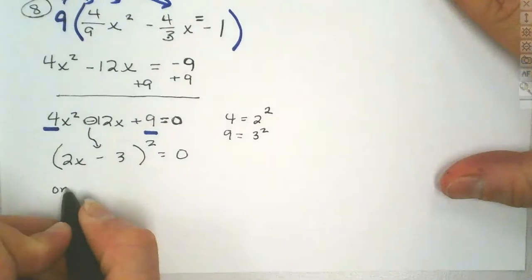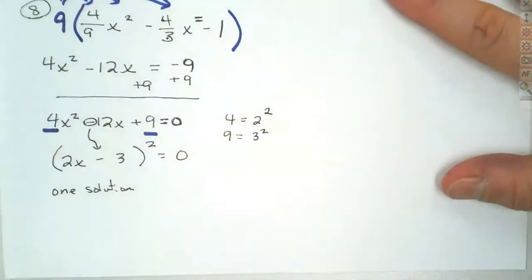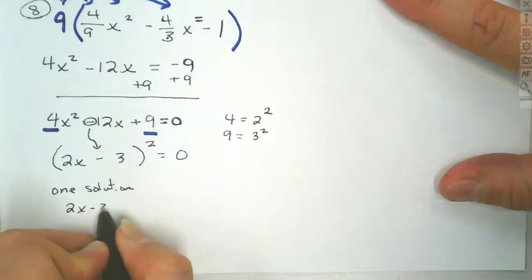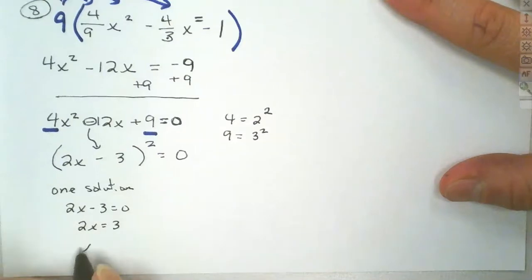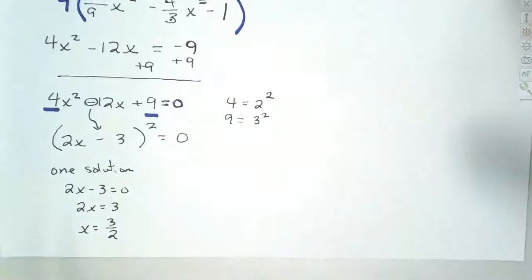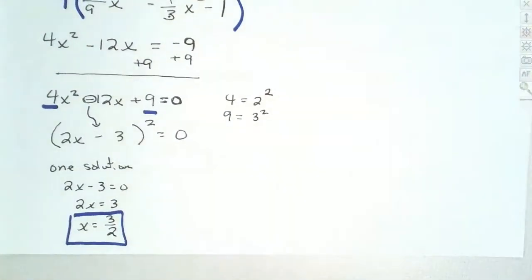And that one solution is 2x minus 3 equals 0. So 2x equals 3. So x equals 3 halves. Now, if we use the quadratic formula, we will get the exact same result.